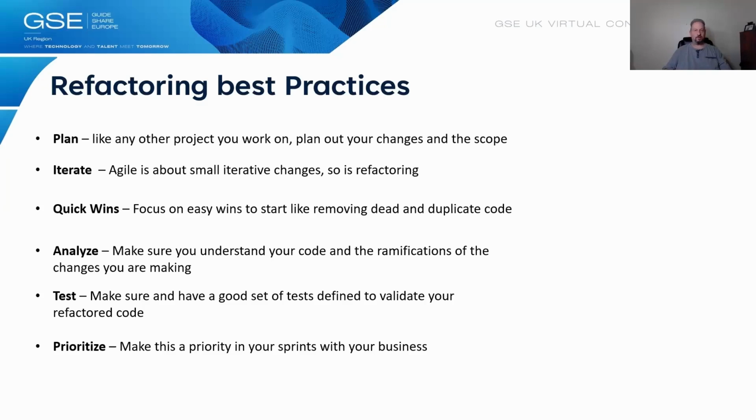They search out and find dead code in their code base, and we'll talk a little bit about how to identify that in a minute. They start by removing dead code, dead modules, places or capabilities that are no longer used. And those are the ones they remove.